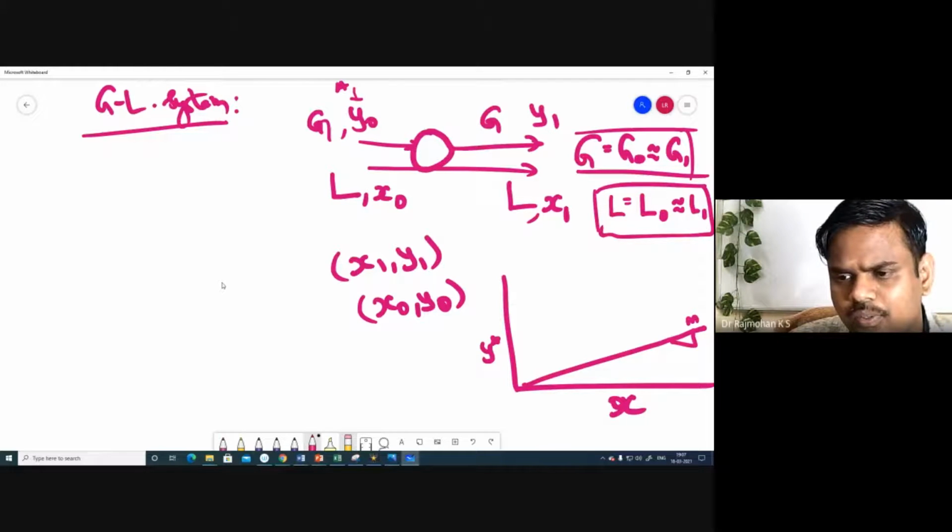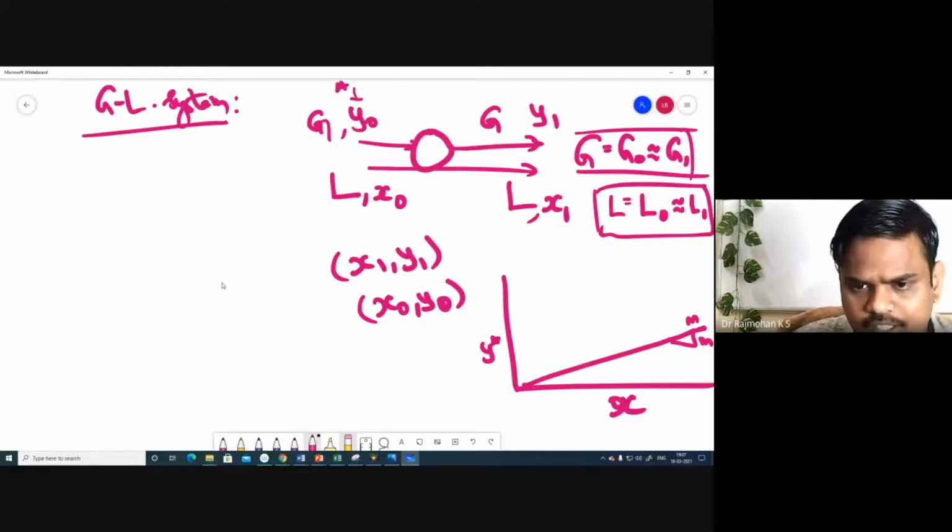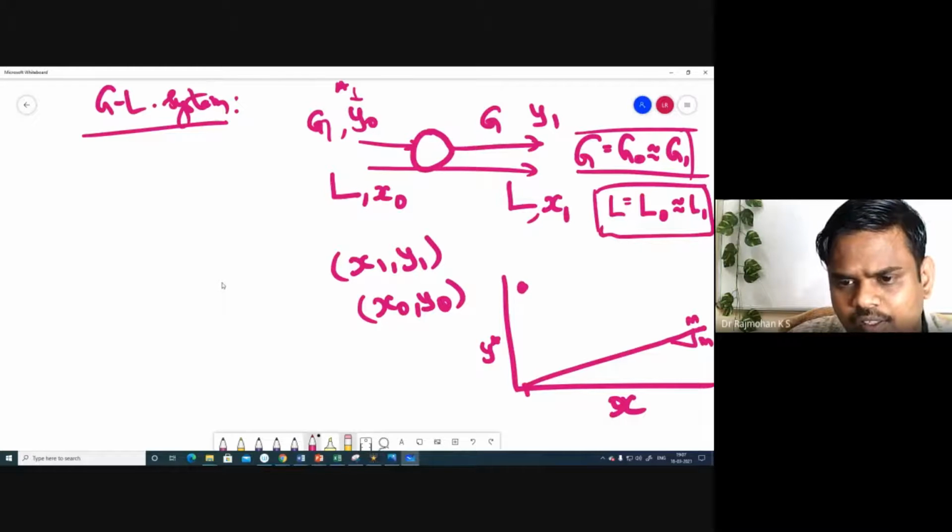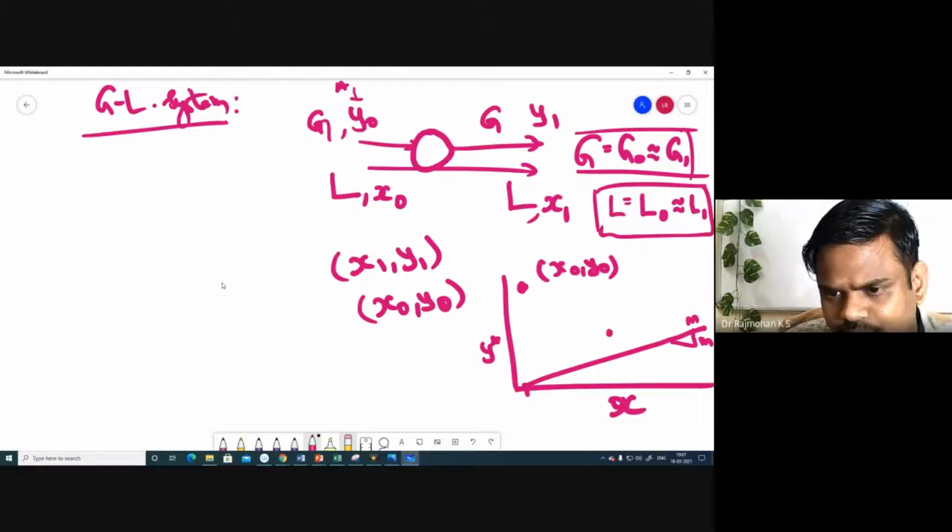If you are able to plot these 2 points, what is x naught y naught? Obviously x naught is going to be very less and y naught is going to be greater than y1, right? So let me say this is my point x naught comma y naught, any value. And similarly I have x1 y1.